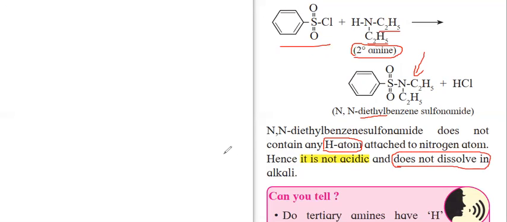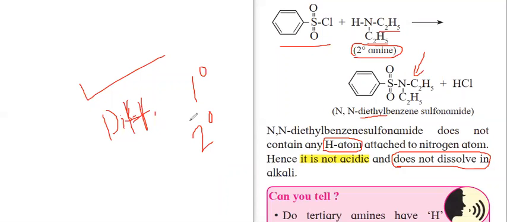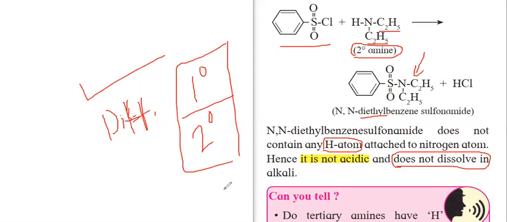Because of that, this is a differentiating test. It means we can distinguish the primary and the secondary amine easily. What you have to do is take this Hinsberg's reagent, and in that Hinsberg reagent you add the amine.